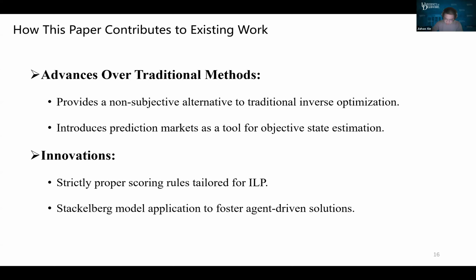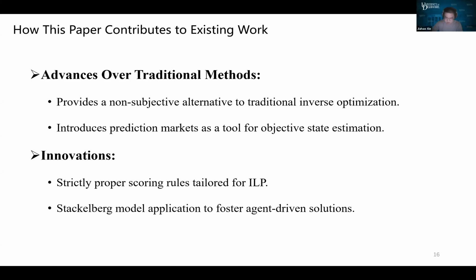The authors have also created global scoring rules that are specifically designed for inverse linear programming, which is a technical contribution to this field. These scoring rules ensure that agents have incentives to report their beliefs accurately, which strengthens the reliability of the results.